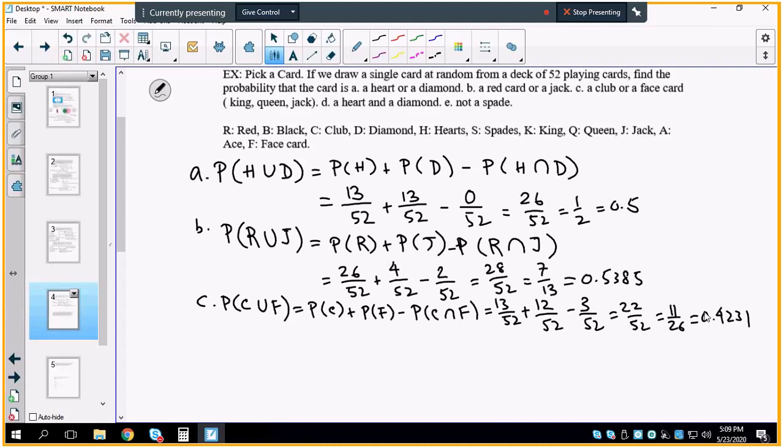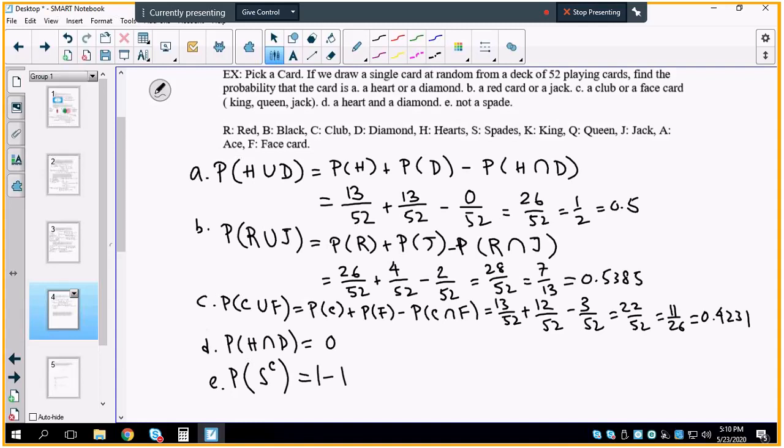And we carry on to D, heart and diamond. Probability of heart and diamond can't happen. A card cannot be heart and diamond at the same time. So this is going to be 0. Probability of not a spade. How do you write it? Spade is S, not a spade is S complement. So use the complementation rule.